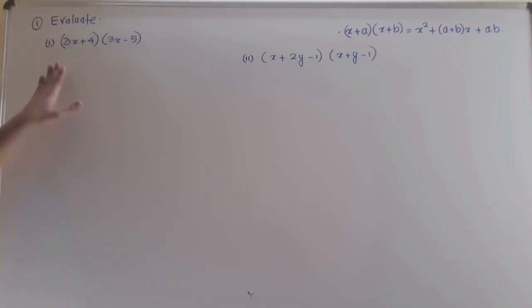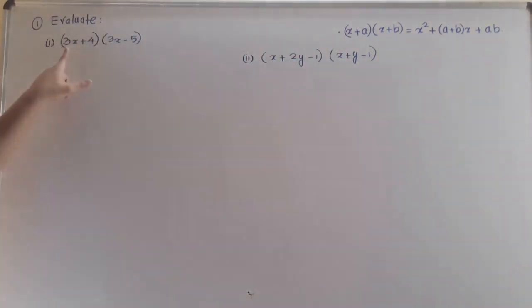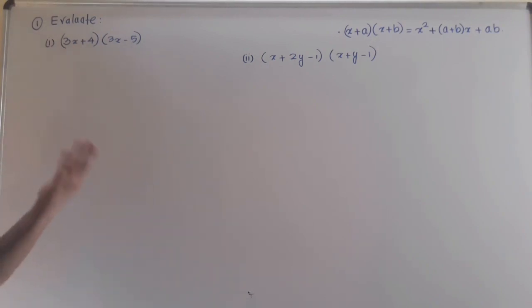I will rewrite the formula, but in place of x in the formula, since the small x is already taken in the question, I will change my formula in terms of y. Means in place of x I will take y here to show you a proper use of the formula.